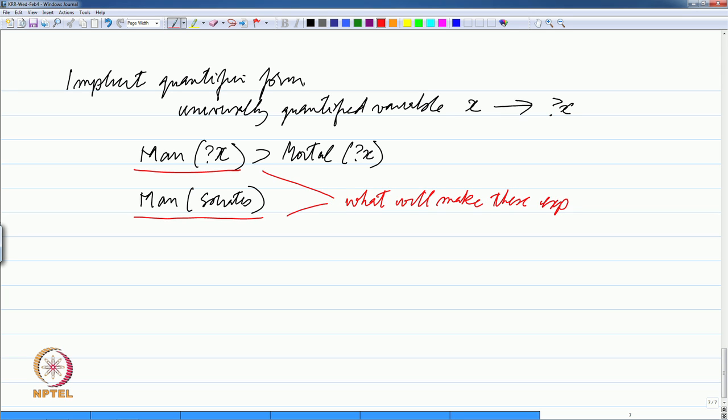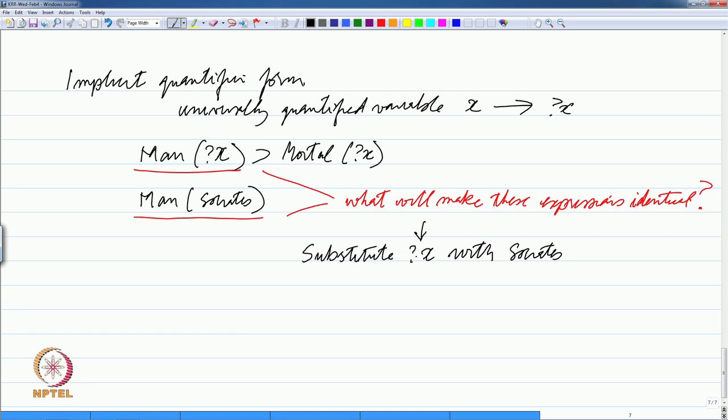I will just use the term expressions, and when we say the same we mean identical. The answer to this is a substitution: x with Socrates.